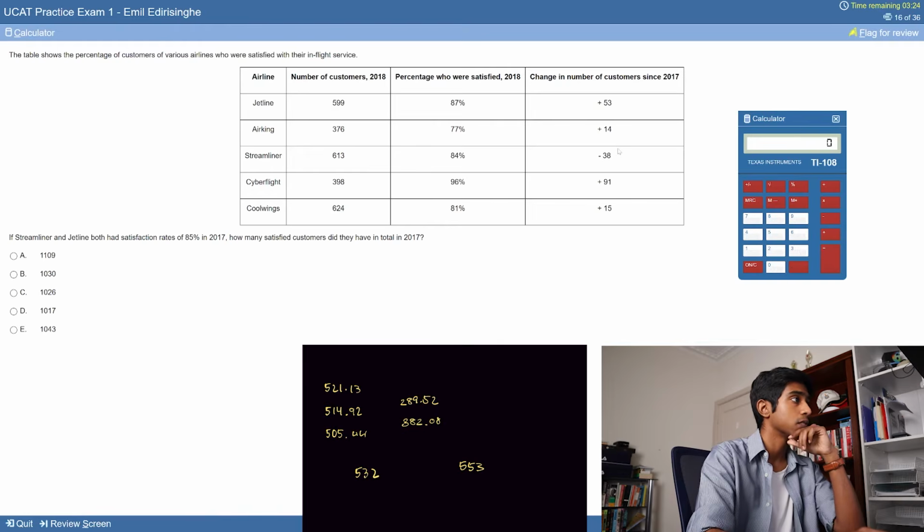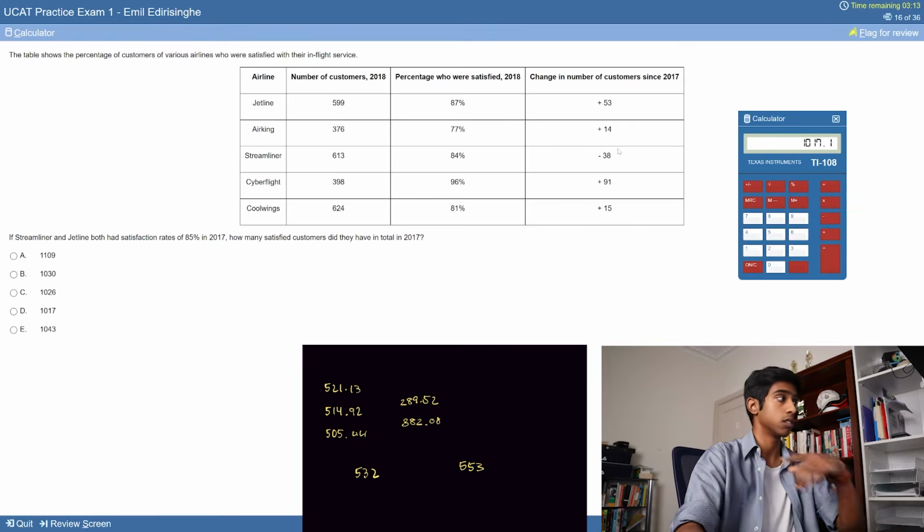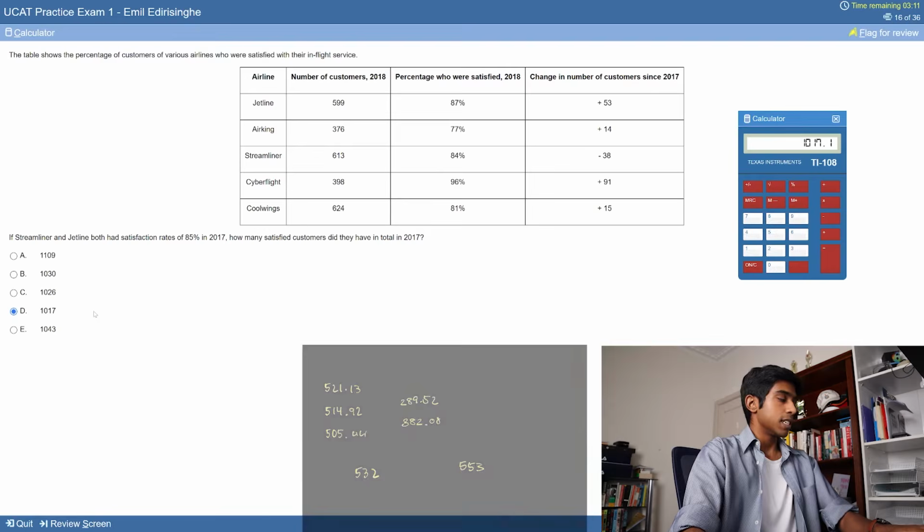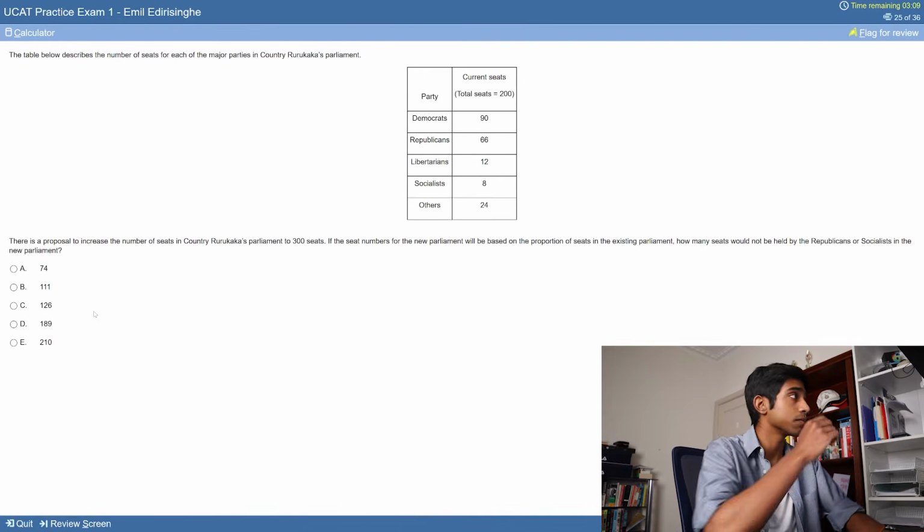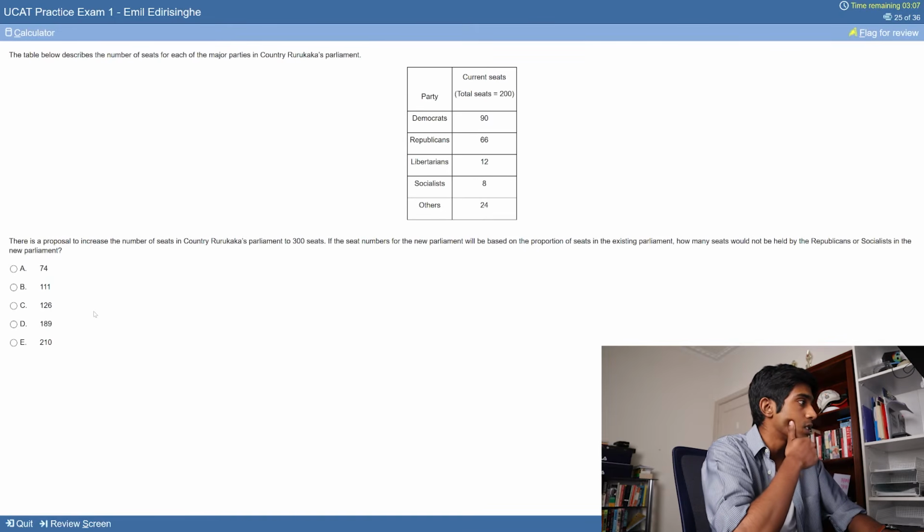Then you have Jetline 599 minus 53 times by 0.85 is that, plus 553 equals 1017. Perfect.